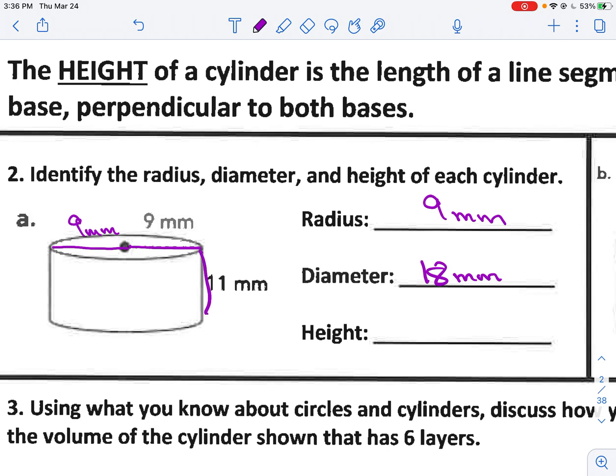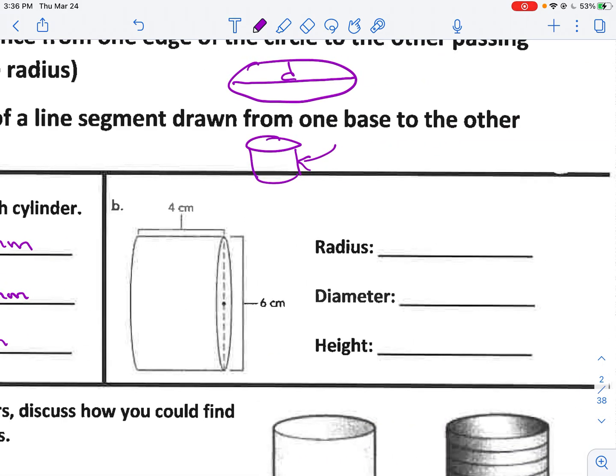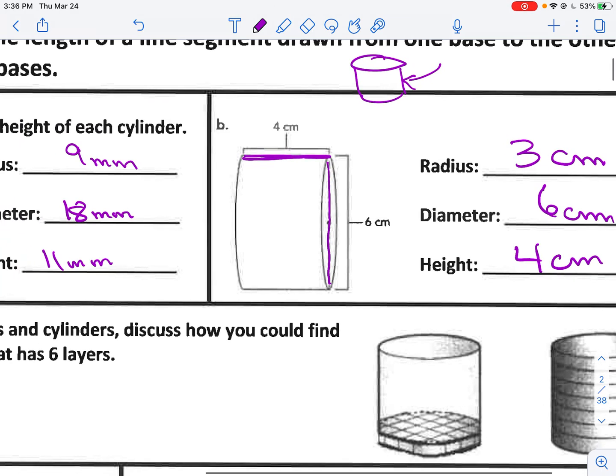The height is how tall it is, so 11 millimeters. Over here, well, let's see. This goes all the way across, so that's my diameter. My radius is half of that, so 3 centimeters. Then the height, that's the distance between the two bases, which would be 4 centimeters.